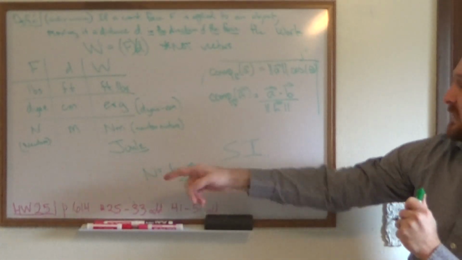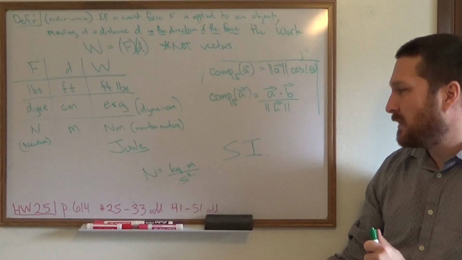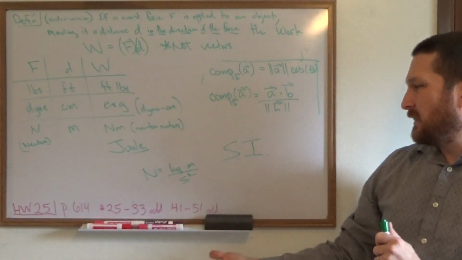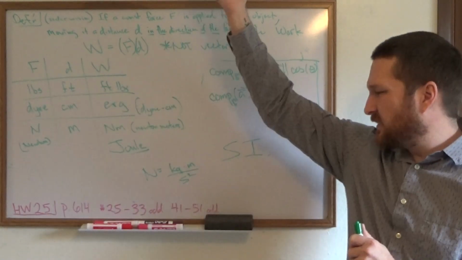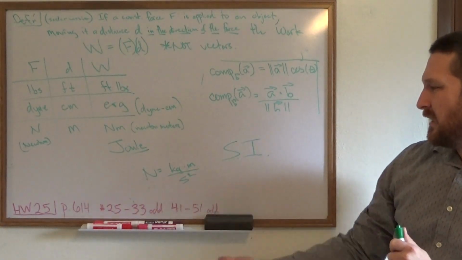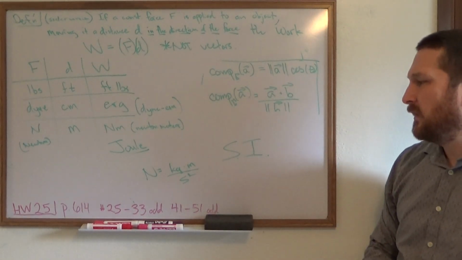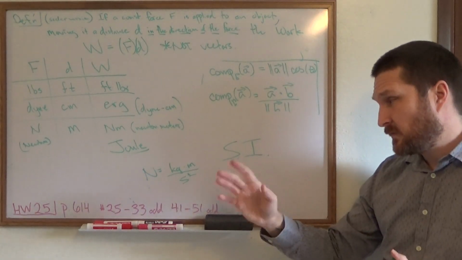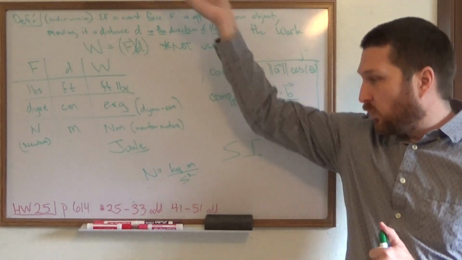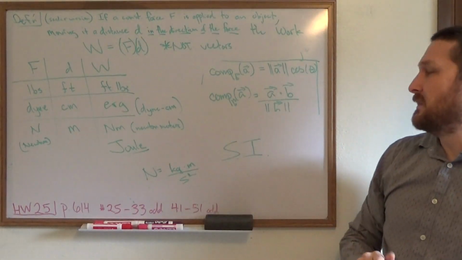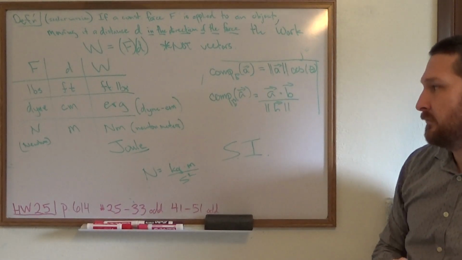So take a kilogram, which is about 2.3 pounds, and move it 1 meter in 1 second, and that is 1 Newton right there.